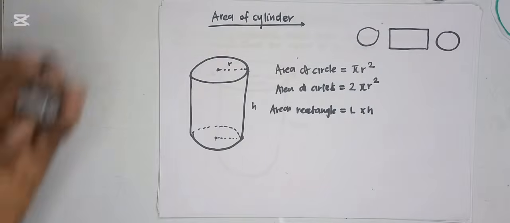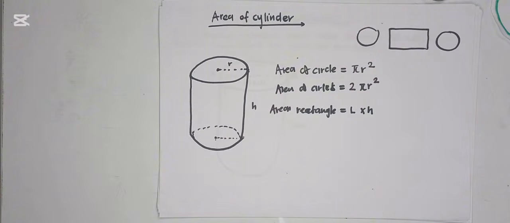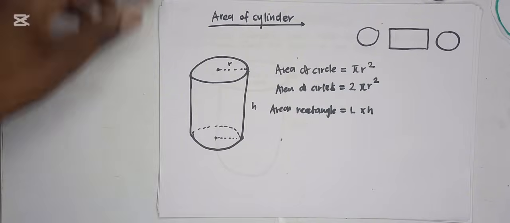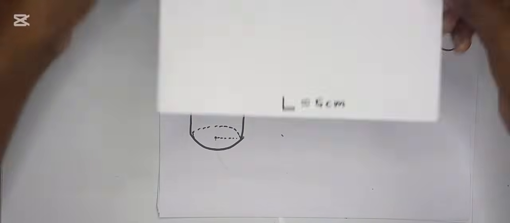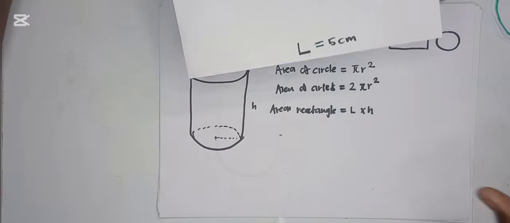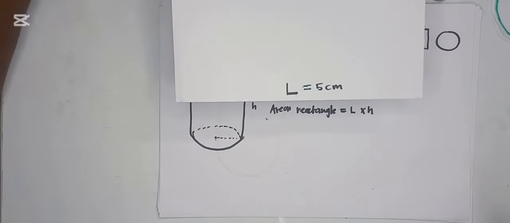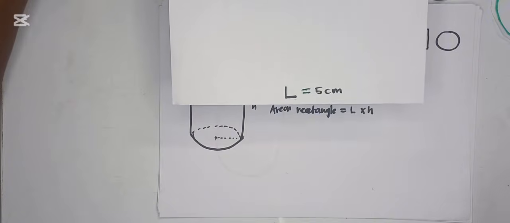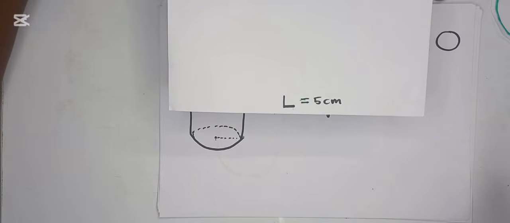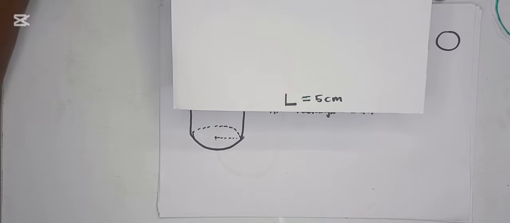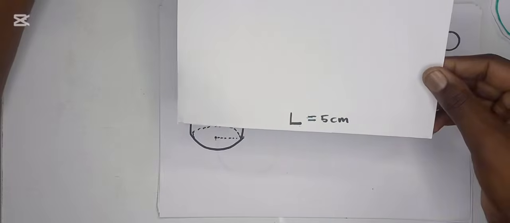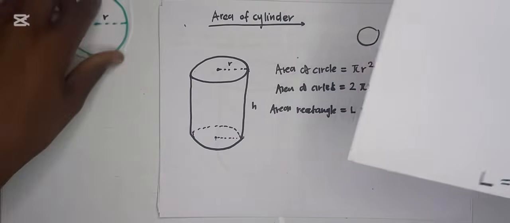Yes. But here's where something starts to get a little bit confusing. The rectangle that we're talking about here is actually a curved rectangle. There is something here that is not the actual size that we see here. What do I mean by that?